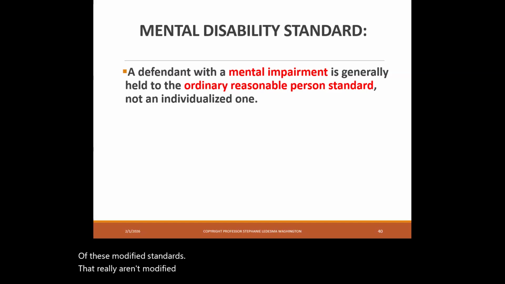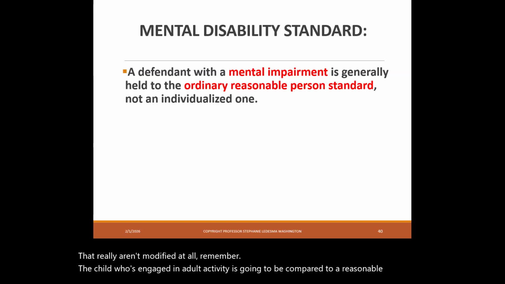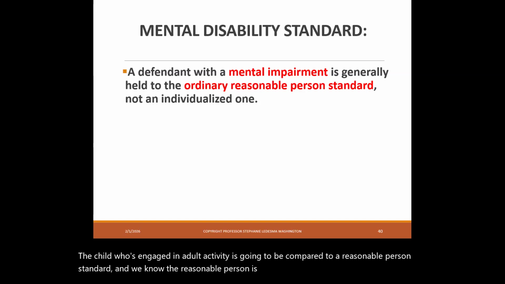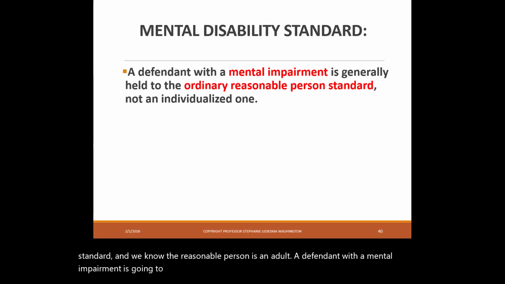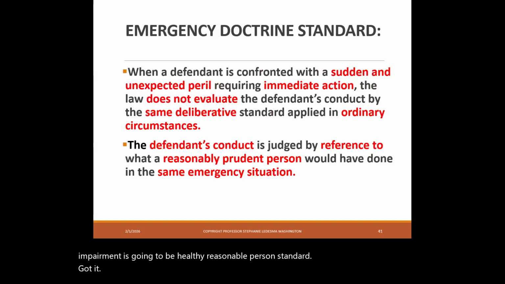Remember, the child who's engaged in adult activity is going to be compared to a reasonable person standard, and we know the reasonable person is an adult. A defendant with a mental impairment is going to be held to the reasonable person standard. Got it? All right.